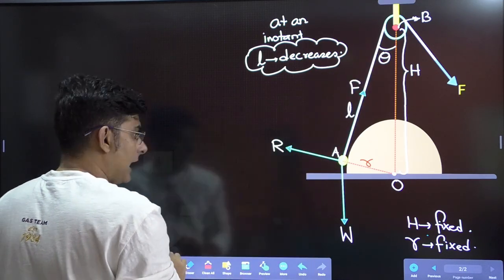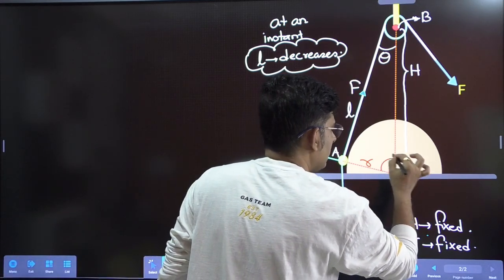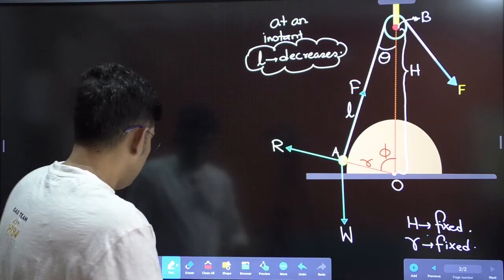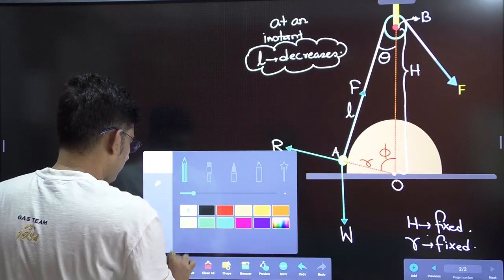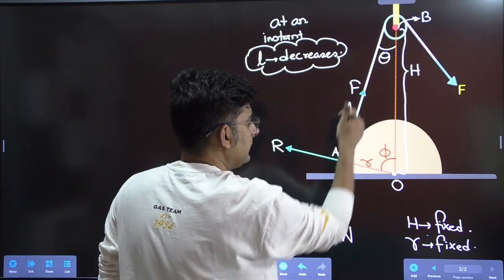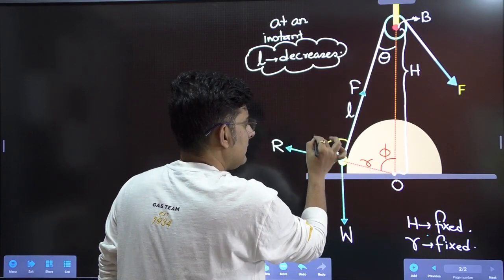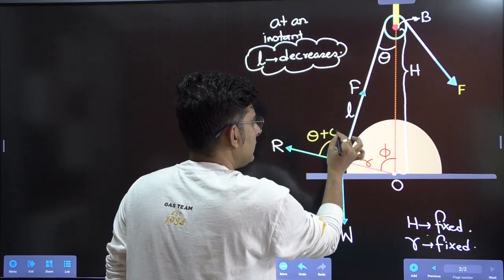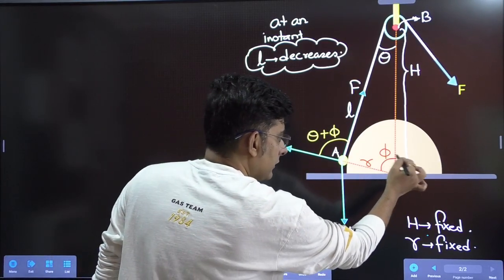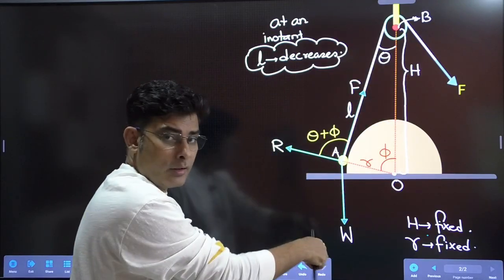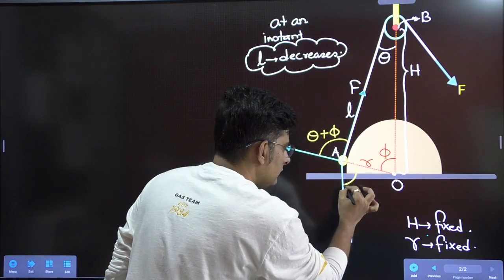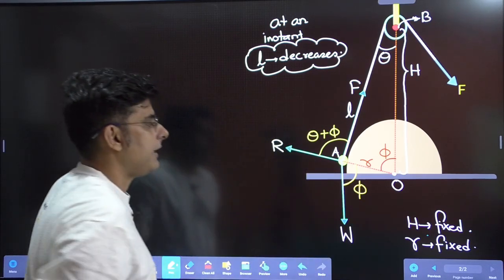Let's take one more angle over here. Let's call this angle phi. So this phi is also variable. Now, if this is phi and this is theta, the sum of the interior angles is equal to the exterior angle, so this angle will become theta plus phi. Clear? What more? If this is phi, this is vertical, this is also vertical, so this angle will also become phi.